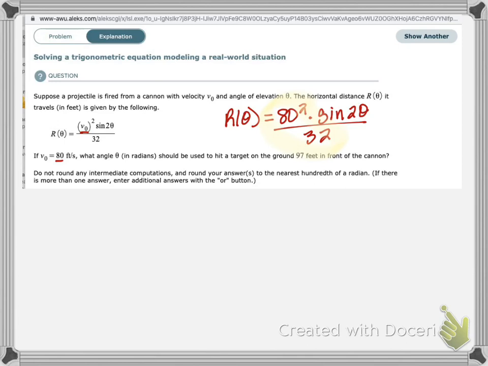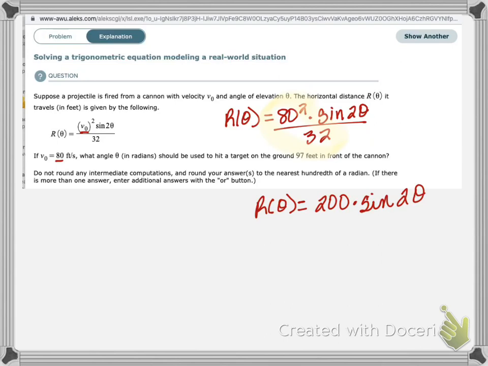We don't know what that is yet, so we're just going to simplify the 80 squared divided by the 32. 80 squared is 6,400, and 6,400 divided by 32 is 200. So I am going to have R of theta is equal to 200 times sine of 2 theta.